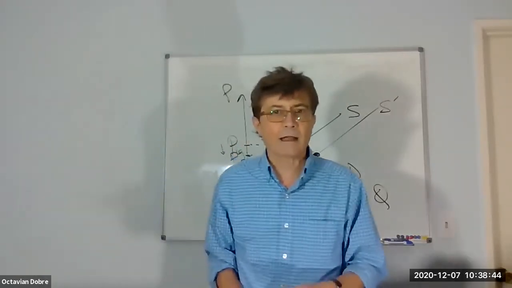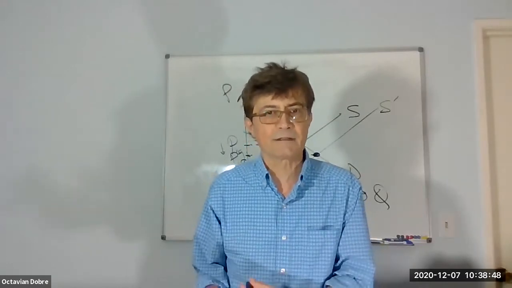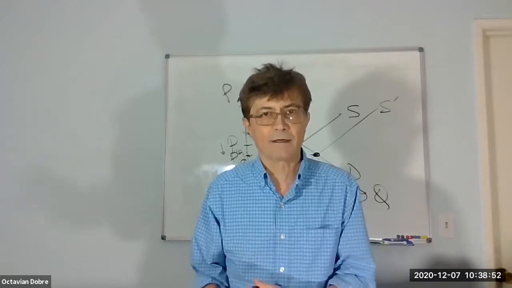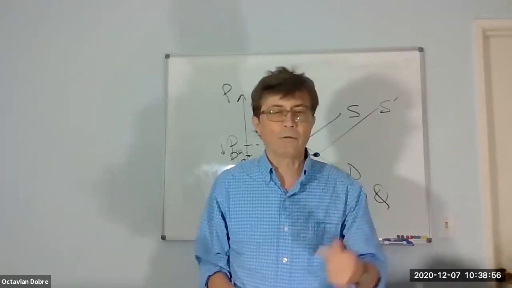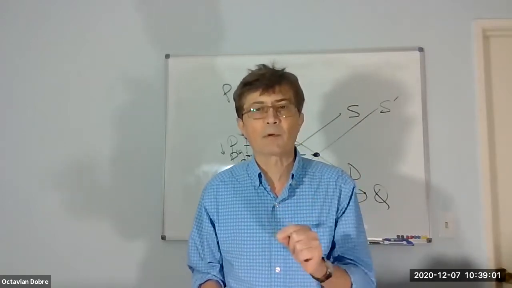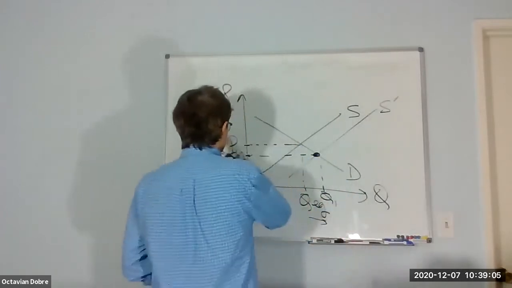Let's say that demand decreases, demand for a product decreases. What happens to the new equilibrium price and quantity? You can do it with a graph or without a graph. If the demand for a product decreases. Well, let's see.